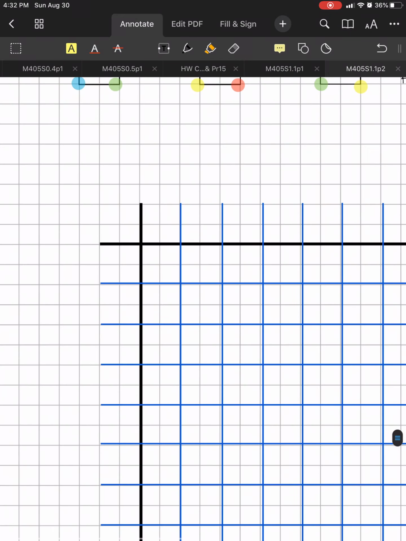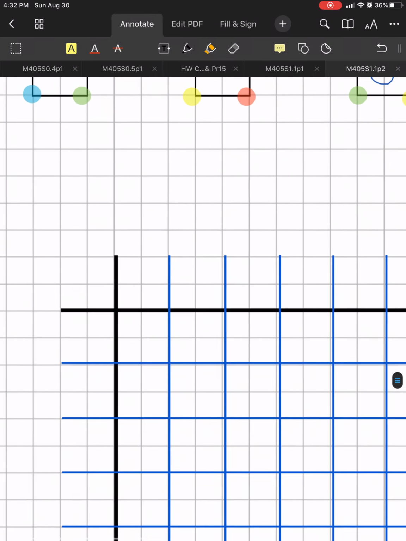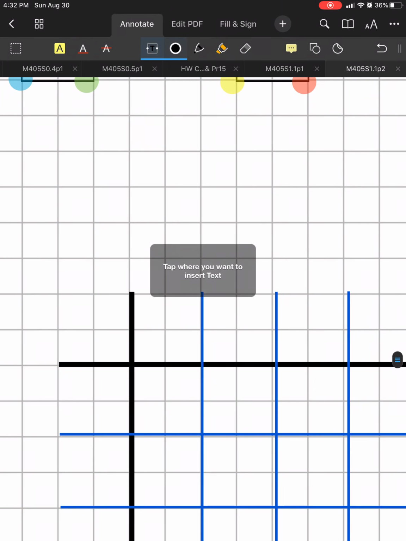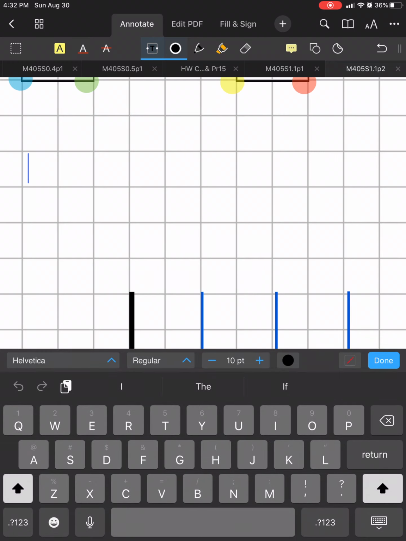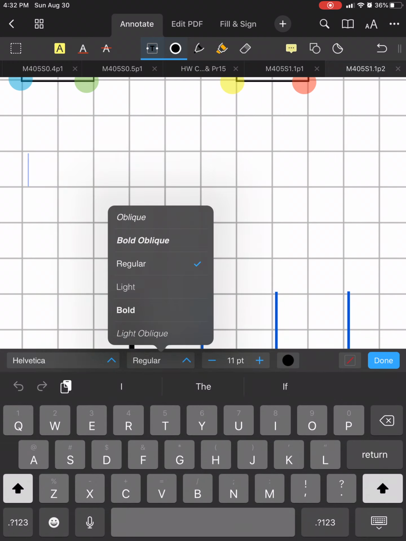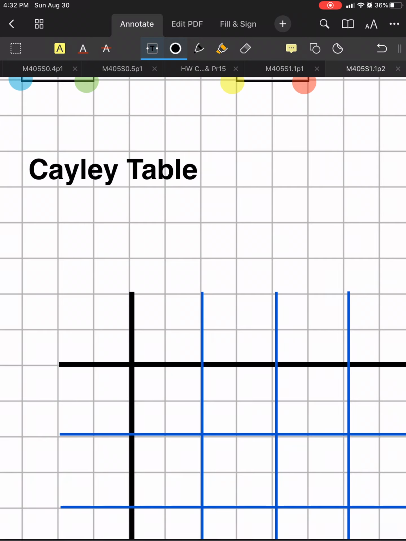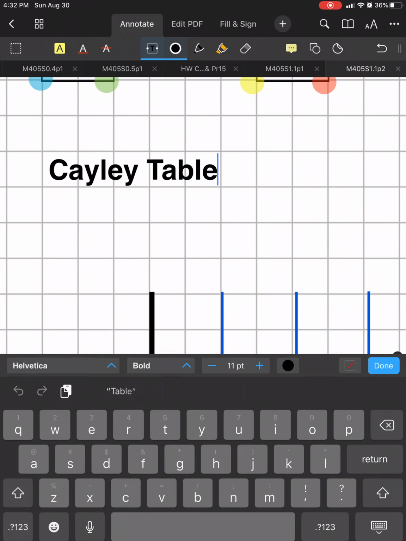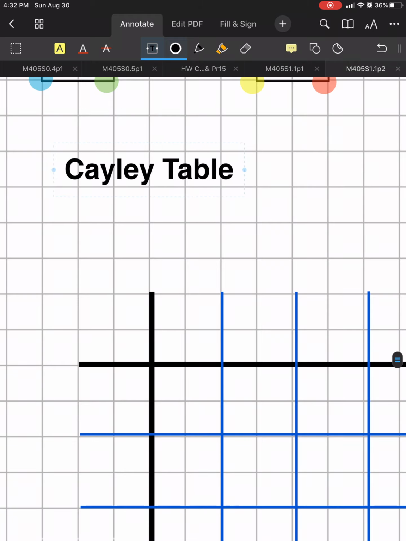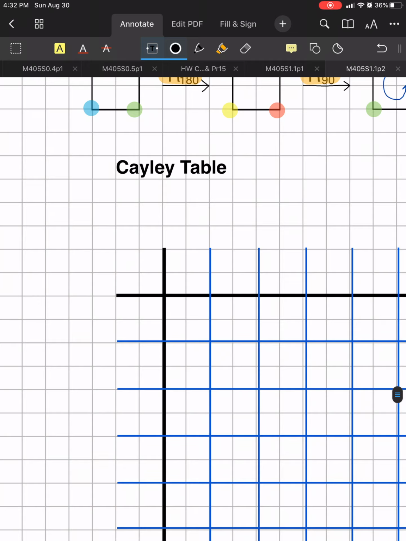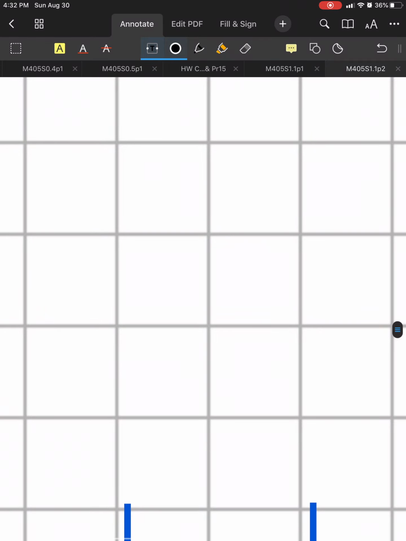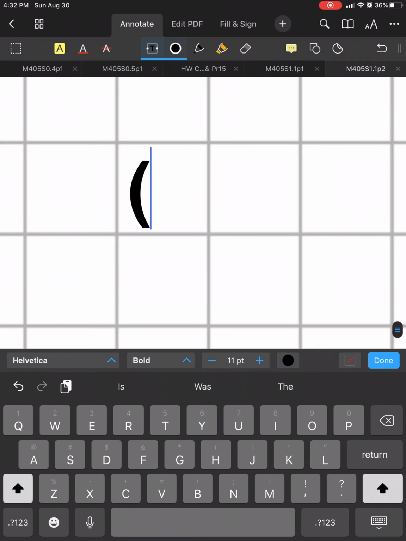Well, what we're going to do now is make a table. This kind of table here is what we call a Cayley table. We'll talk more about that in the next chapter. And this is for the symmetries of the square, and we're eventually going to have a name for this. Let me put it up here.